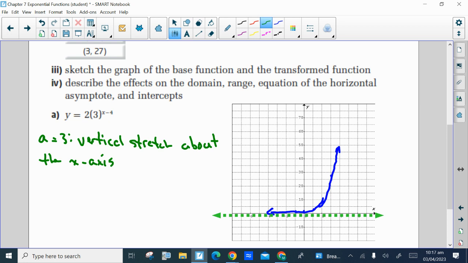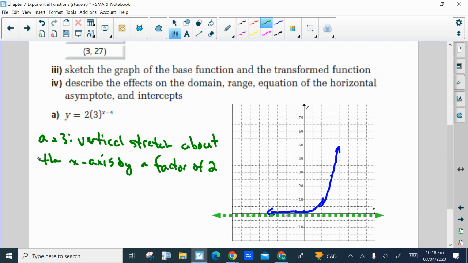That's what the y component tells you. It tells you how far above or below the x-axis you are. That distance is being multiplied by the absolute value of a. It's being stretched about the x-axis by a factor of 2, the absolute value of a.